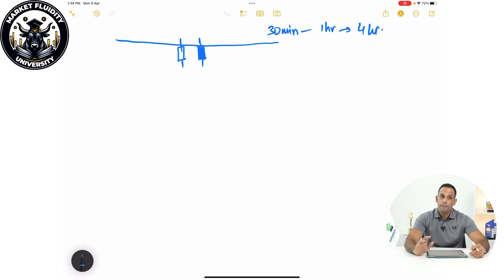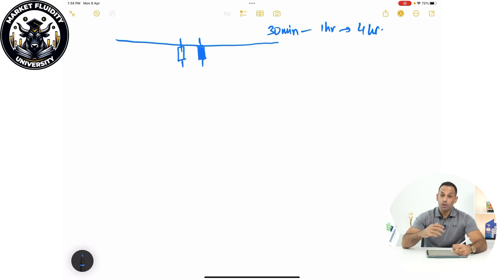That's where you're going to have the most, what's the word? Confluence. No, not confluence. This time frame is the strongest time frame for price to go down, right? The 30-minute, the 1 hour, and the 4 hour.